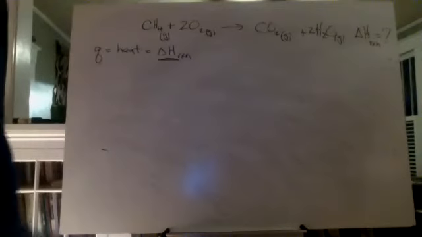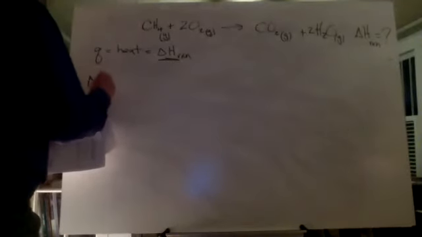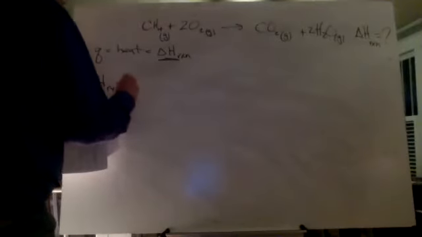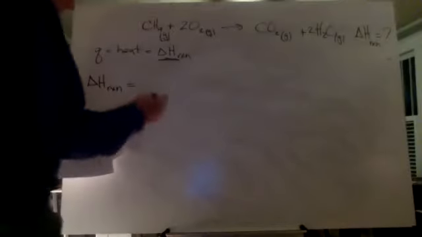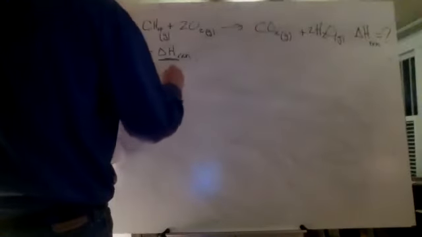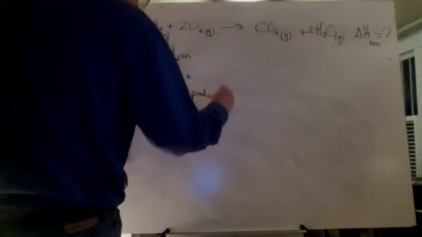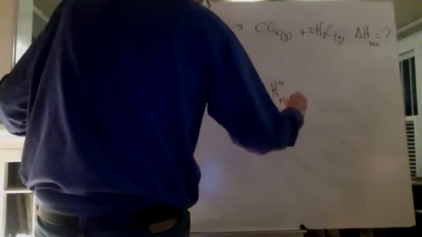So how do we do that? We use this equation. Delta H of any and all reactions is equal to the summation of the heats of formation of the products minus the summation of the heats of formation of the reactants.